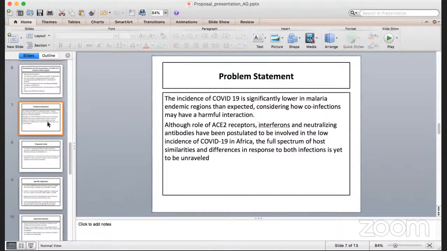And although the role of the ACE2 receptor, interferons, and neutralizing antibodies have been postulated to be involved in the low incidence of COVID-19 in Africa, the full spectrum of the host similarities and differences in response to both infections has yet to be unraveled.